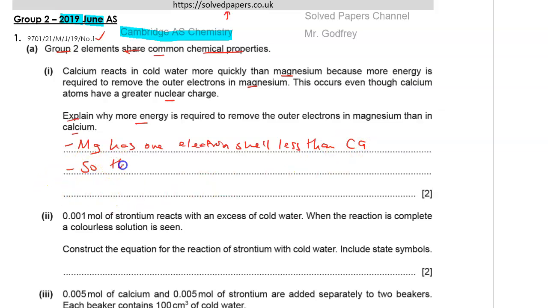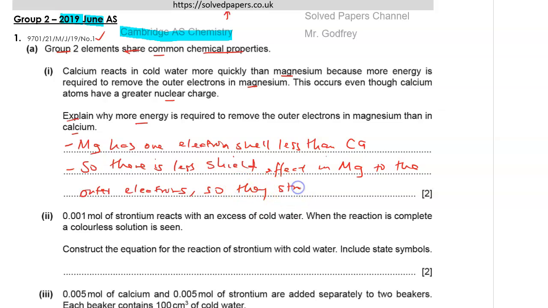So there is less shielding effect in magnesium to the outer electrons, so they are strongly attracted to the nucleus.